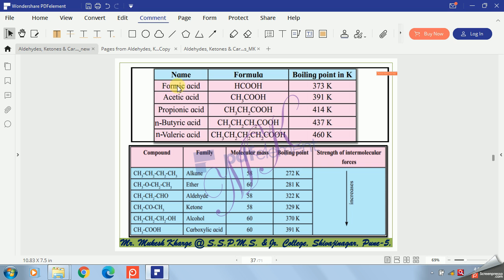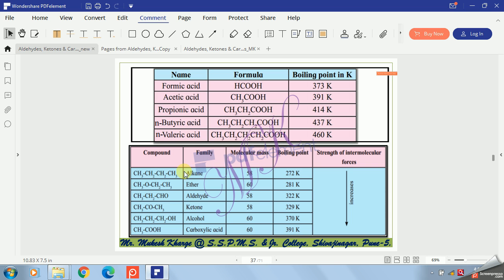In the chart, formic acid, that is methanoic acid, boiling point is 373, and as we add CH2 group to this, the molar mass increases, the boiling point also increases. With increasing molar mass, boiling point increases. So as the number of carbon atoms and hydrogen increases, boiling point increases.